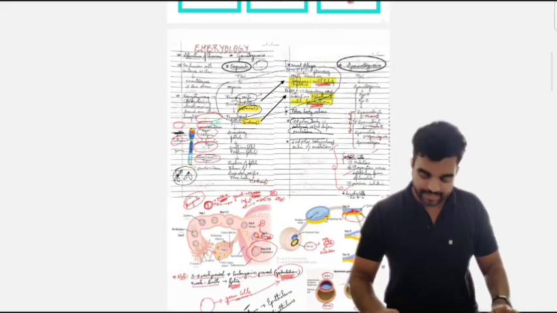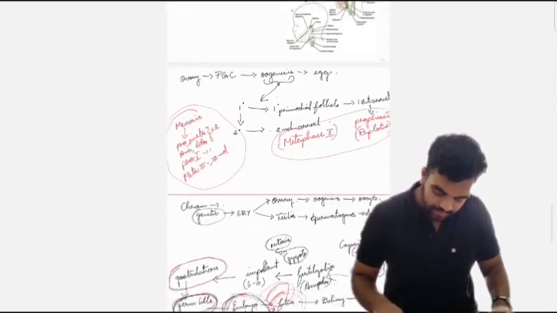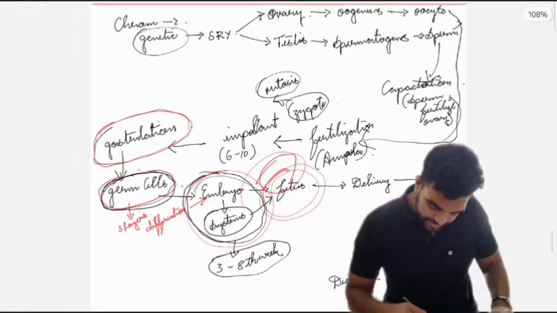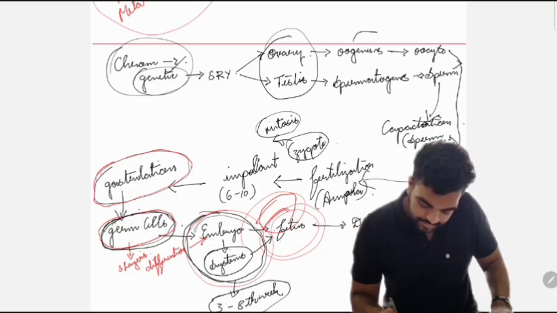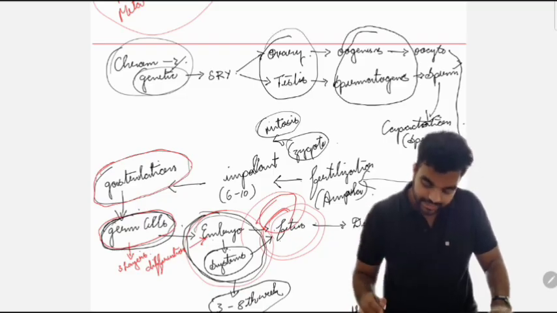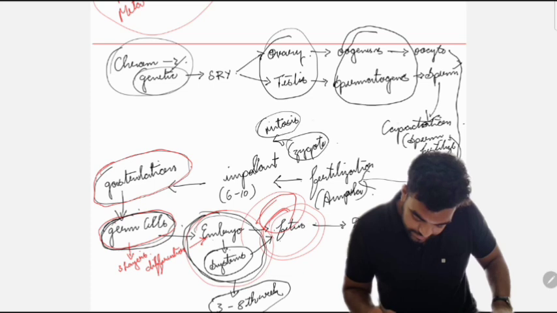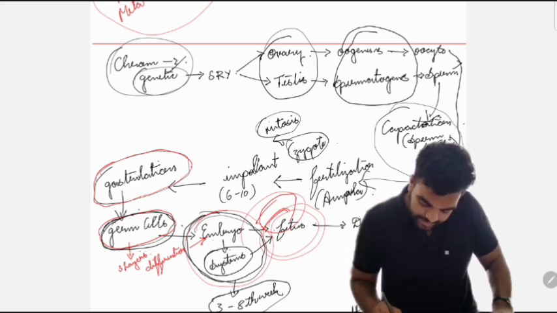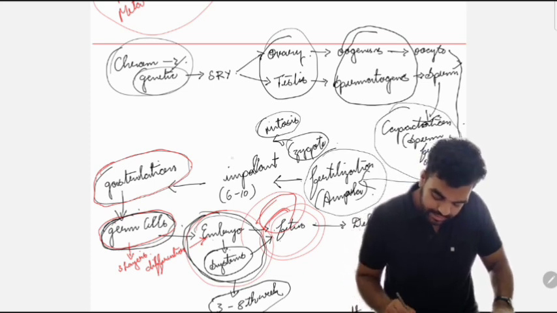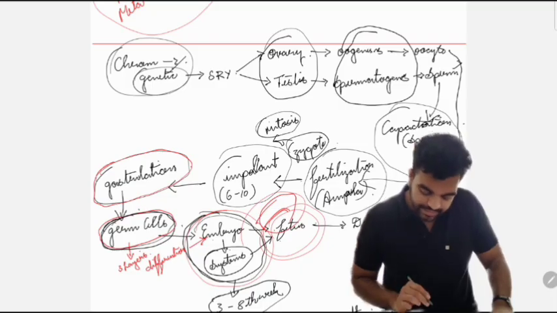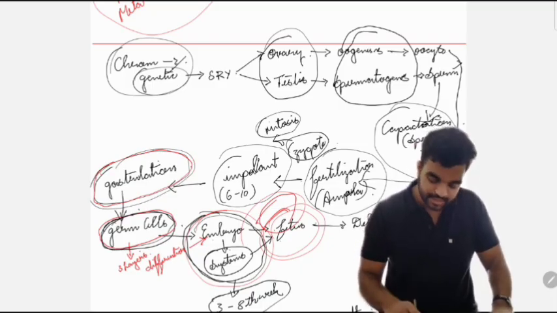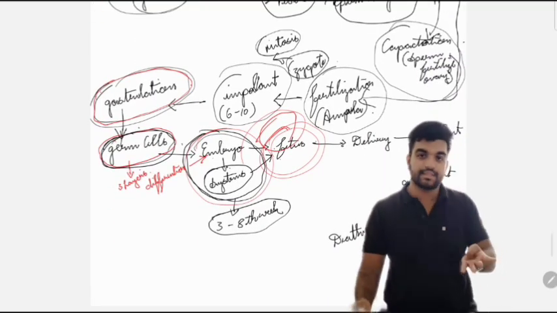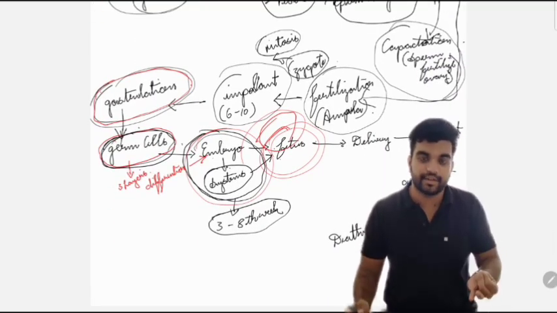That's it. So, with regards to the flow chart, we have completed genetics, the chromosome part, the formation of gonads, the formation of gametocytes, then capacitation was discussed, then fertilization occurred in the ampulla, then implantation occurred from the 6th to 10th day, then after implantation, gastrulation, that is the formation of germ layers, took place. The germ layers are three layers: ectoderm, mesoderm and endoderm.